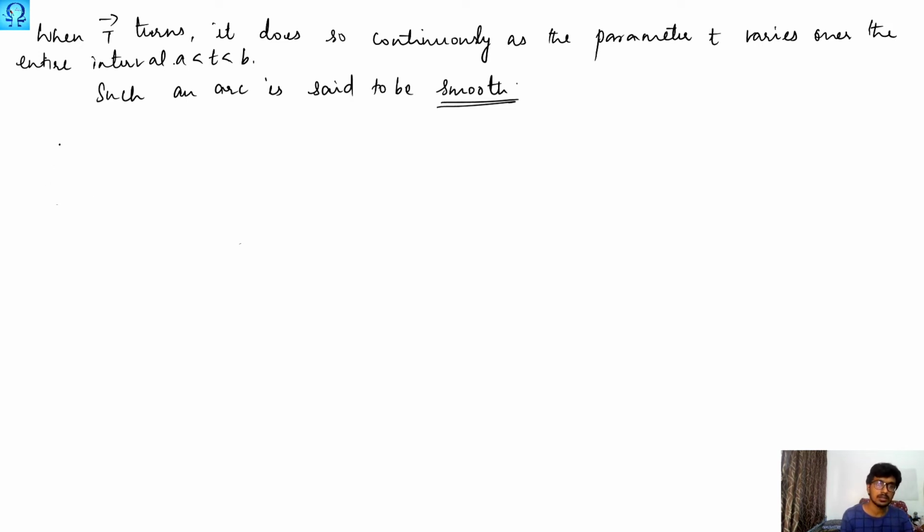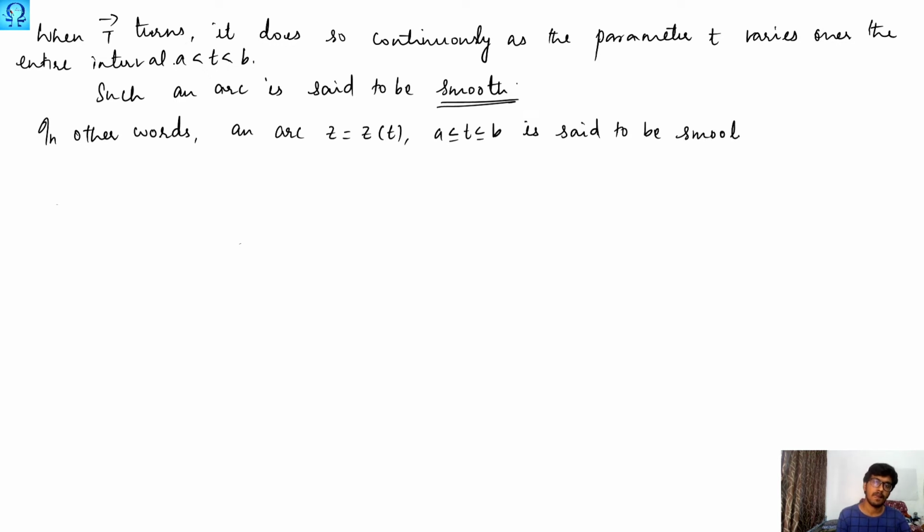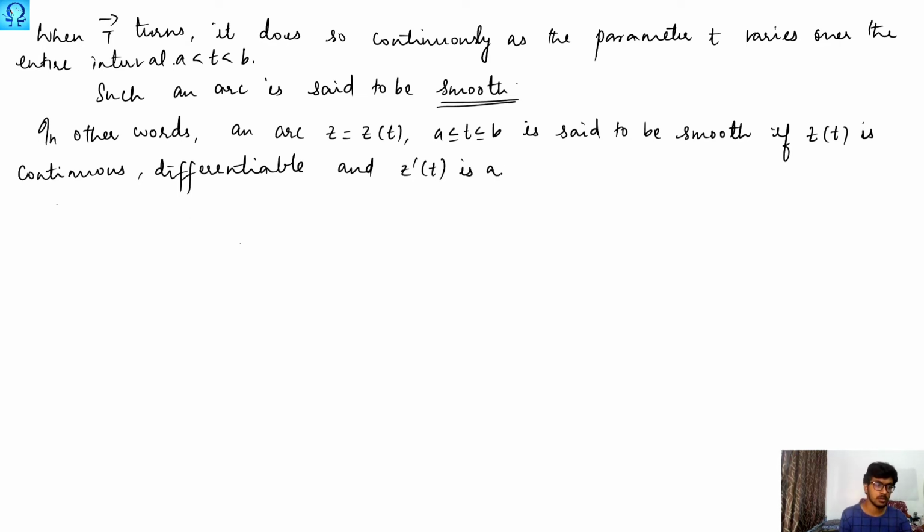In other words, an arc z equals z of t with a smaller than or equals t smaller than or equals b is said to be smooth if z of t is continuous, differentiable, and z prime of t is also continuous.